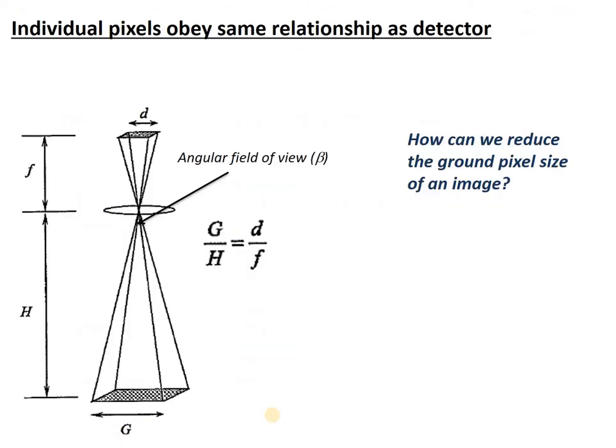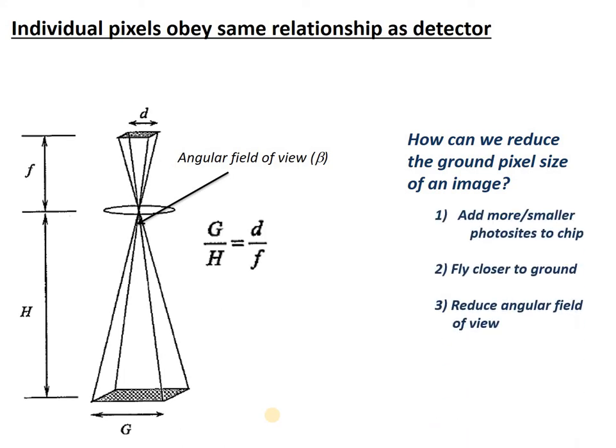And just to reiterate, because these detectors are broken into a bunch of smaller pixels or photosites, individual pixels or photosites obey the same geometric relationship as the detector, right? So if your goal is to reduce the ground pixel size of an image, right? You want a higher spatial resolution.